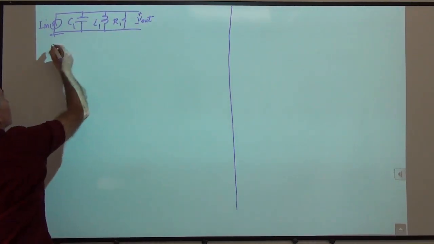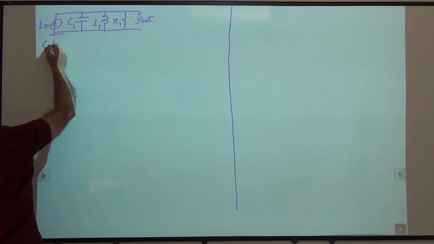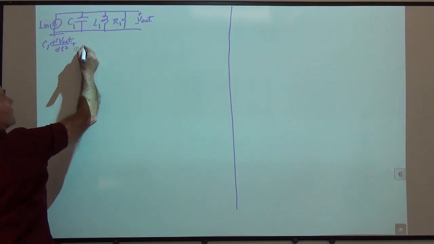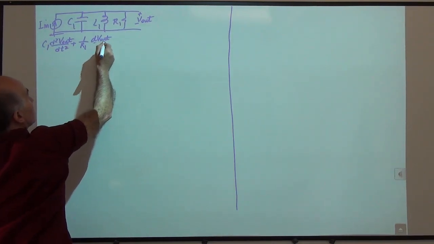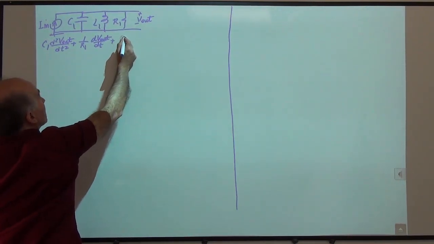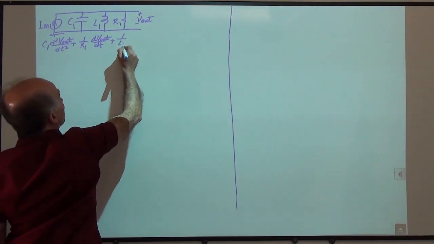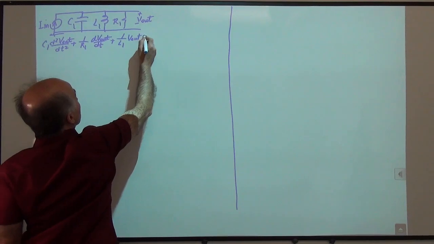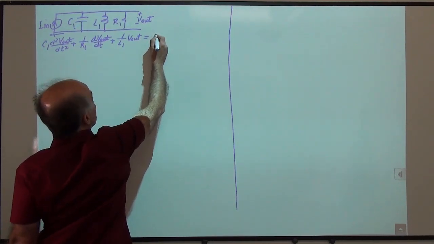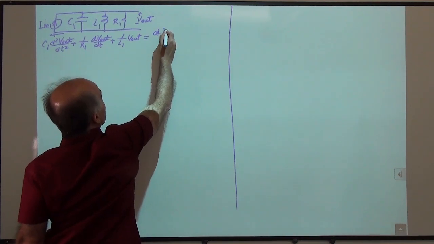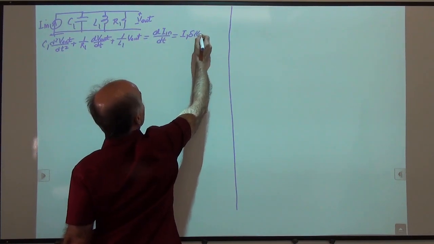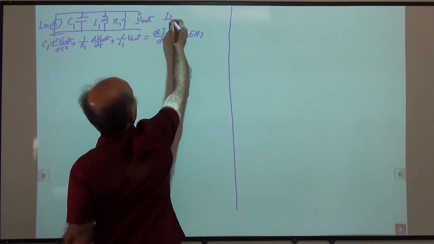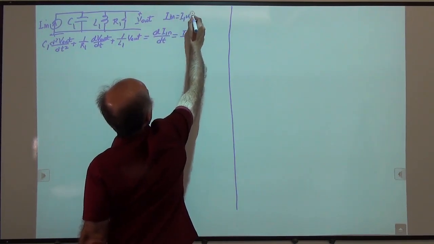So we decided that C1 d squared V out over dt squared plus 1 over R1 dV out over dt plus 1 over L1 V out is equal to the derivative of the input current, and that happens to be equal to I1 delta of t, because I in is I1 u of t.